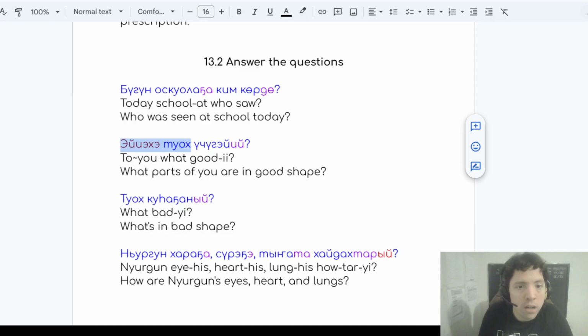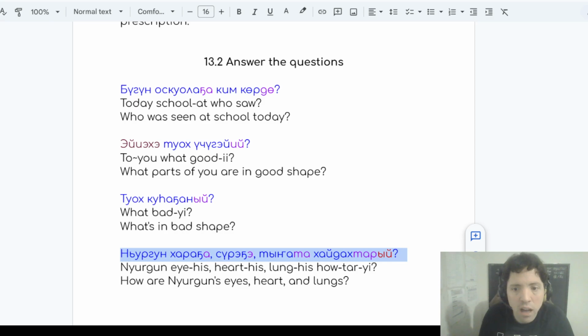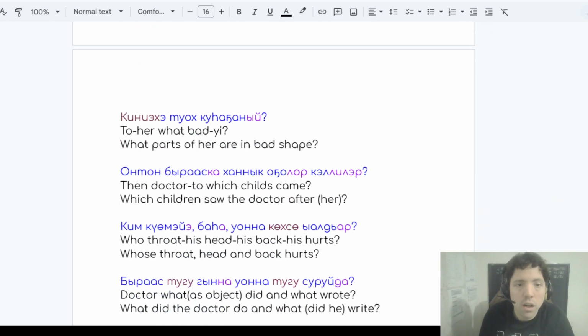Eyeche tuach uchigei. What parts of you are in good shape? Tuach kuharani. What's in bad shape? What's bad? Yorgun haraga surere tangata haidaktari. How are Yorgun's eyes, heart, and lungs? Kinieche.